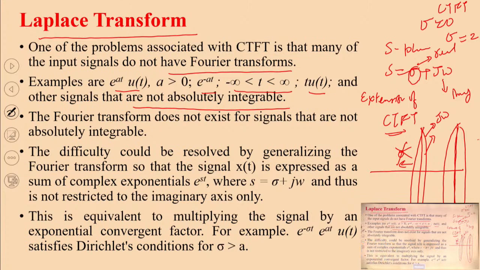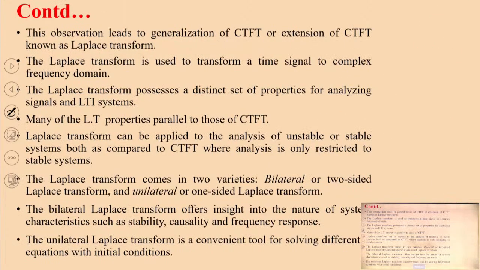Okay, sorry for the interruption. So now rather than taking this point, we are taking it here. It may be possible that the signal which was not converging over here may be converging over here.